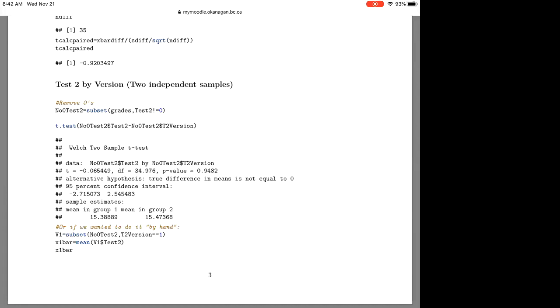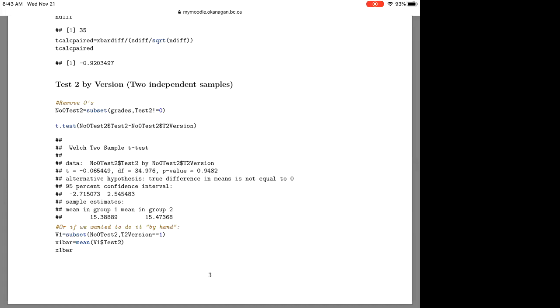What would I have to do if there's an actual difference in the mean scores? It's likely that one test was harder than the other, and I would have to fix it. So I'm looking for no differences. It depends on the scenario if you're looking for a difference or no difference.